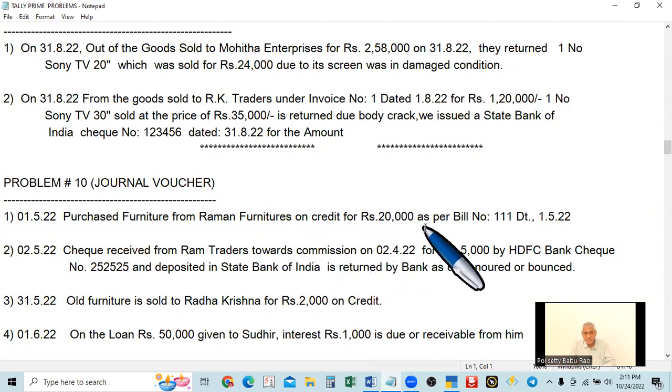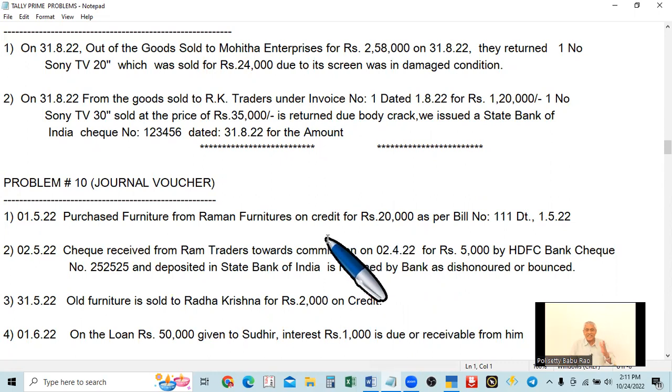Here we are not paying any cash, it is purchased on credit, and we are not purchasing goods. That is why this is to be recorded in the journal voucher. So here we have to go back to the golden rules.